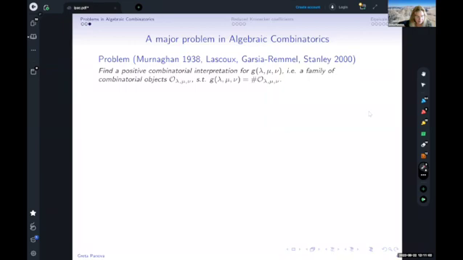Combinatorics back then was not such a big thing to ask for a combinatorial interpretation, but later on, Lascoux and Garsia-Remmel studied them, and Stanley listed it as problem number 10 in his open problems in algebraic combinatorics from the year 2000: that we want to find a combinatorial interpretation for these numbers, or a set of relatively nice discrete combinatorial objects indexed by lambda, mu, and nu, such that the Kronecker coefficient is equal to the number of such objects.